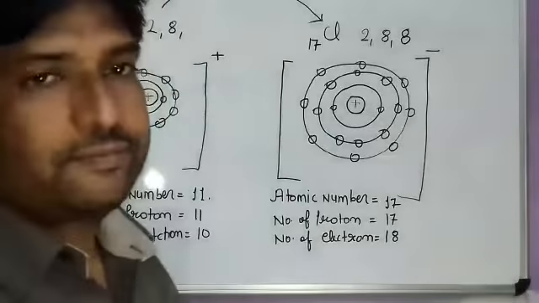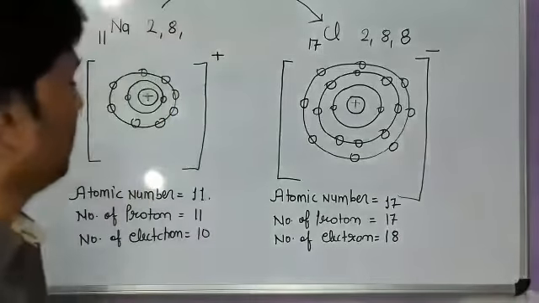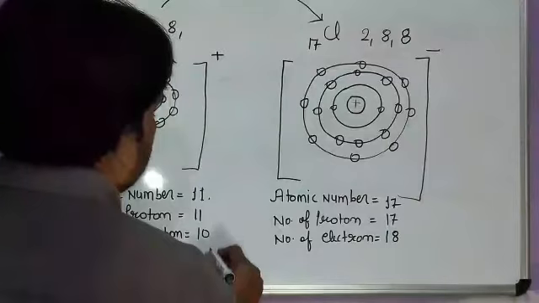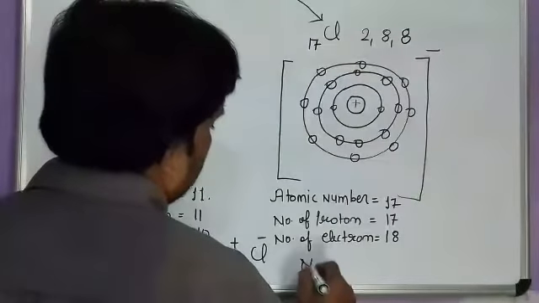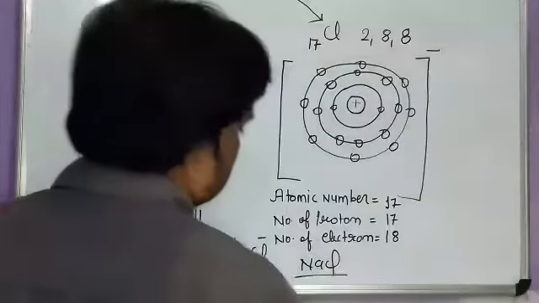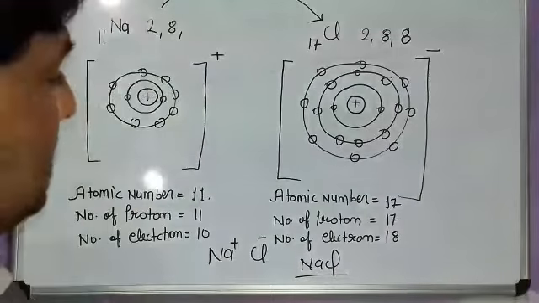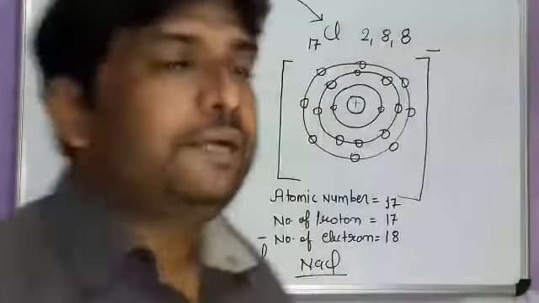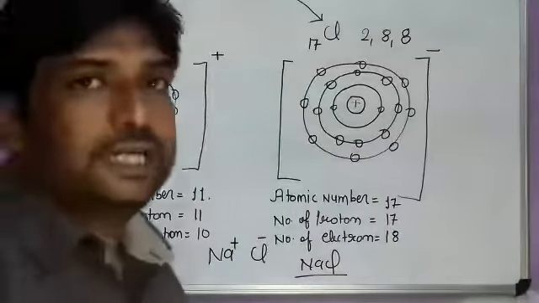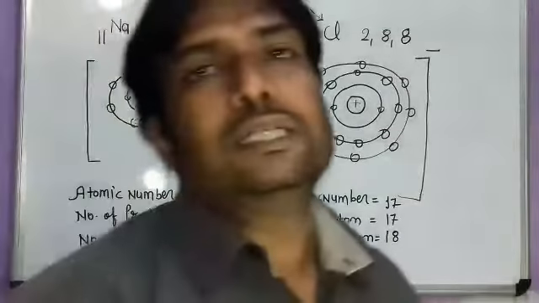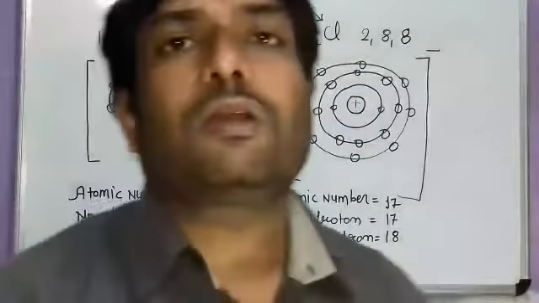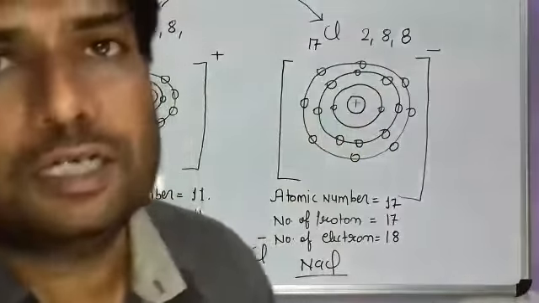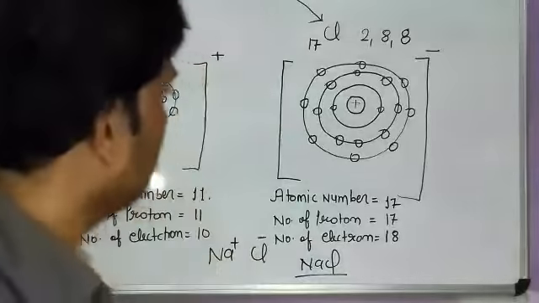Is it clear, student? So a bond forms between Na plus and Cl minus: NaCl. This is the structure of NaCl. The bond formed between the gaining and donating of electrons is called an electrovalent bond or ionic bond.